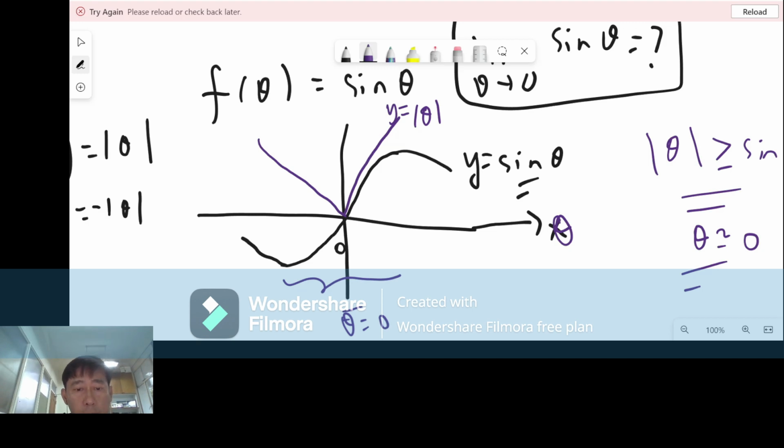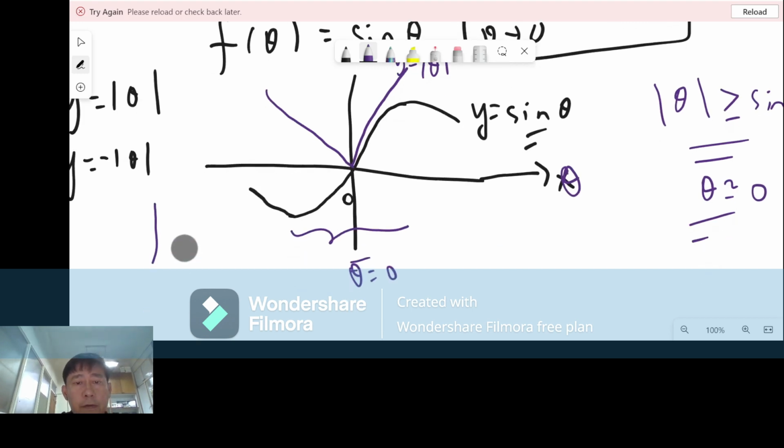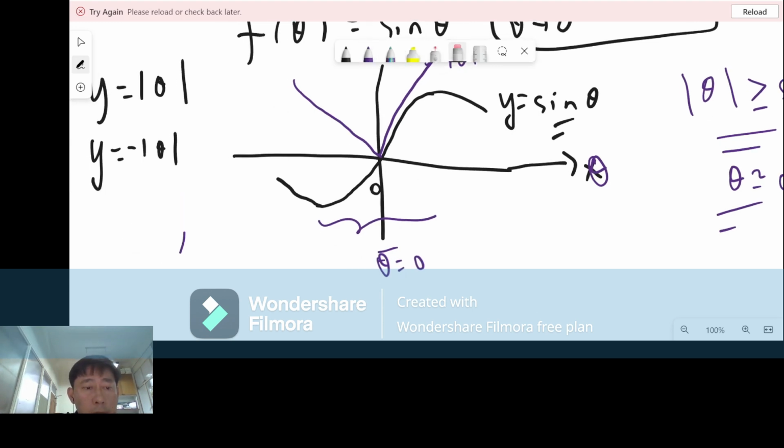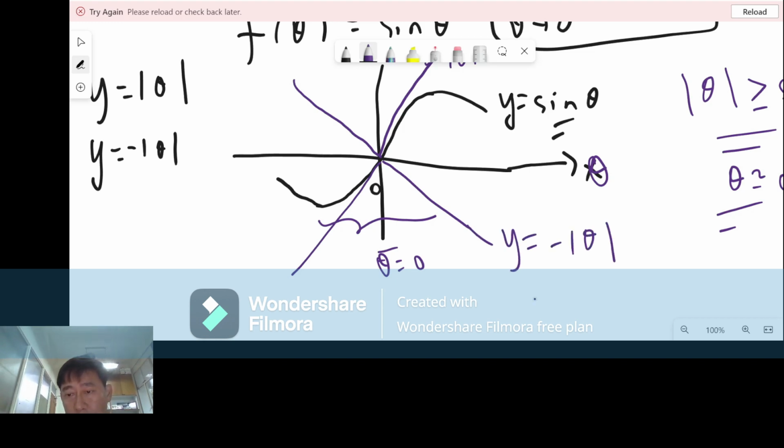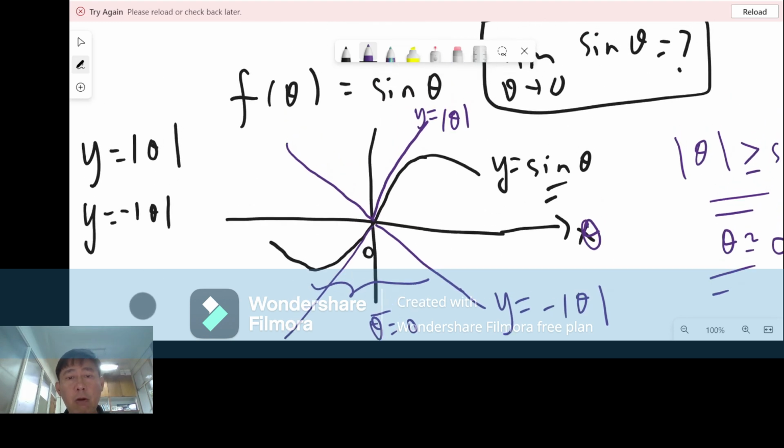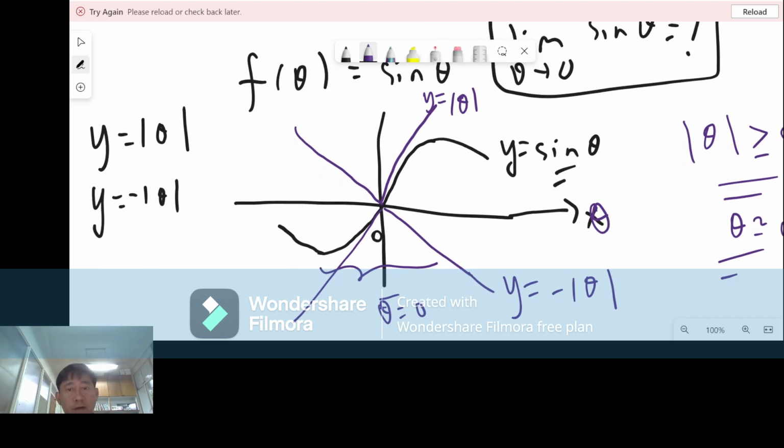Okay, so if you were to draw the function y equals negative theta, that is what you get. Okay, it is like this. So this is the function y equals minus the absolute value of theta. So now we have found two functions that sandwich sine theta.